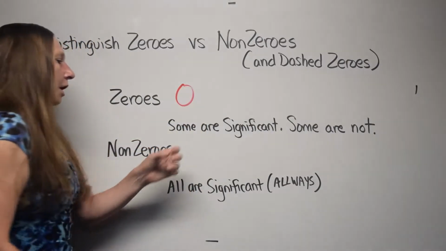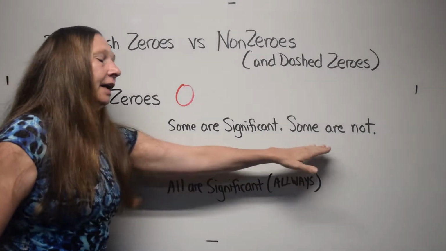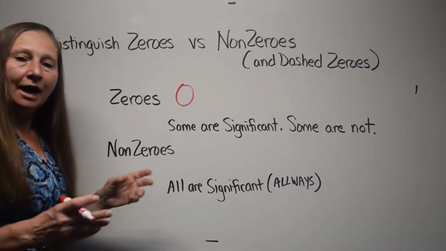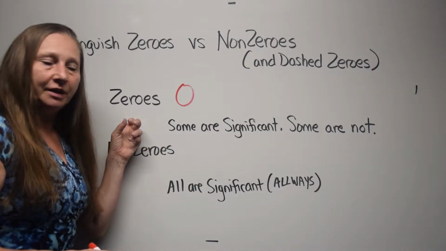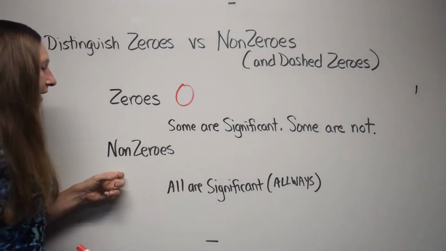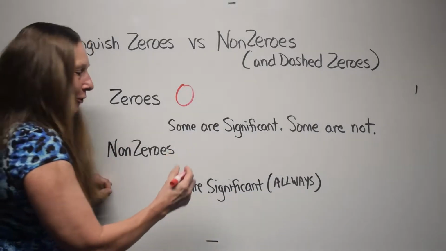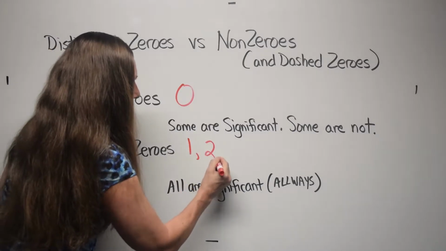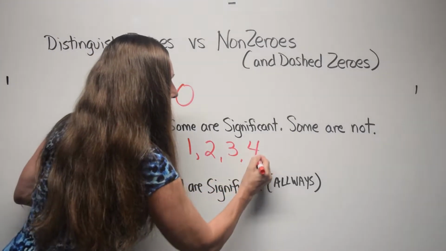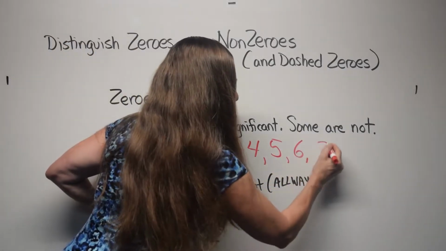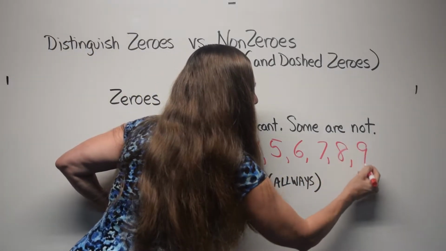Zeros are sometimes significant and sometimes not significant. I'll be showing you later how to figure out when a zero is significant and when it's not. Non-zeros are always significant. Non-zeros would include 1, 2, 3, 4, 5, you know this, 6, 7, 8, and 9.